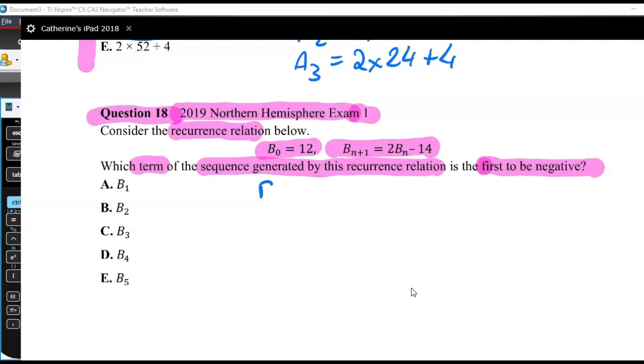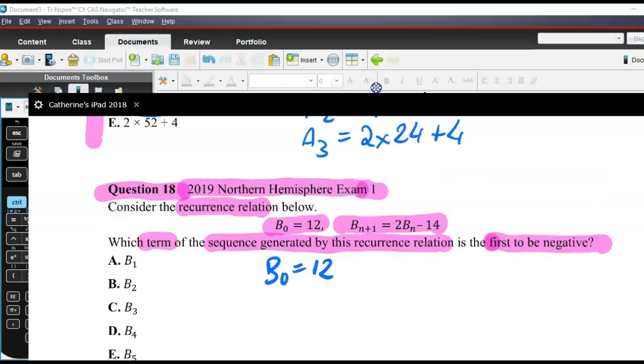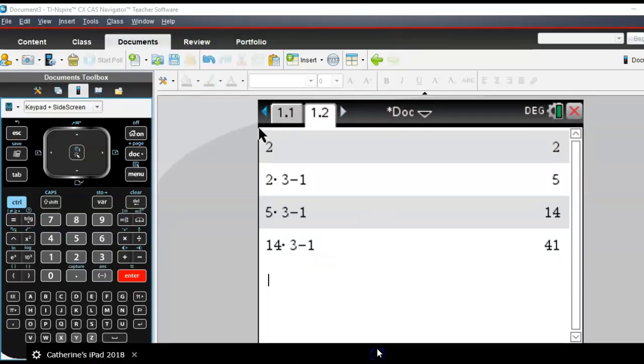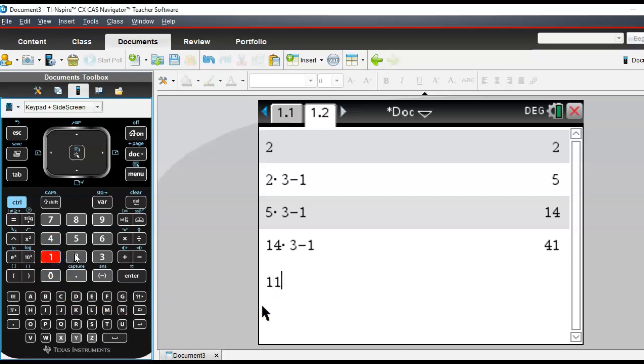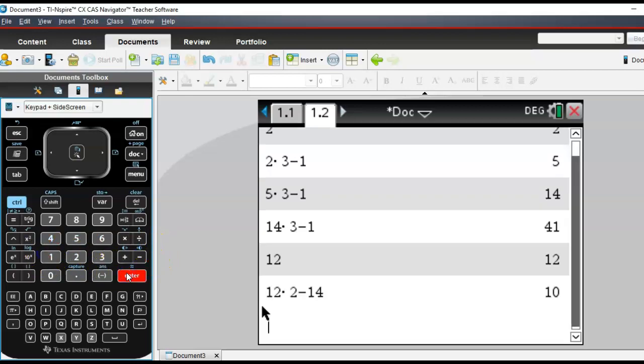So our B0 is 12. Okay, let's get up our CAS. So 12, we're timesing that by 2, then taking away 14. So B1 is 10.